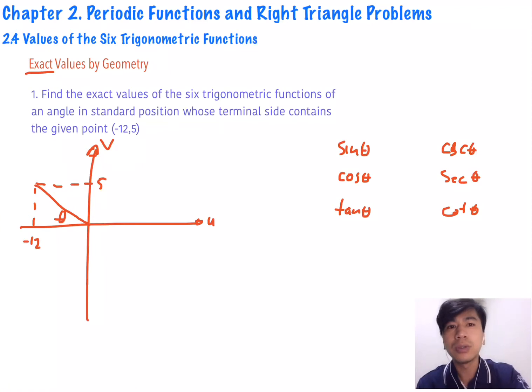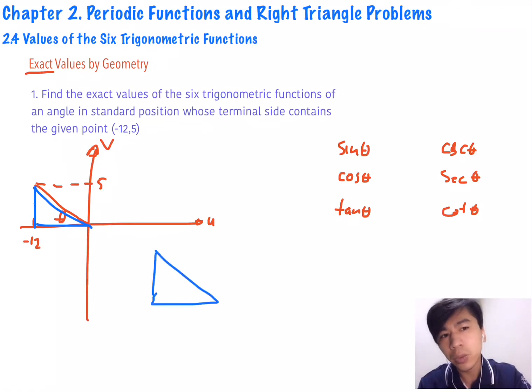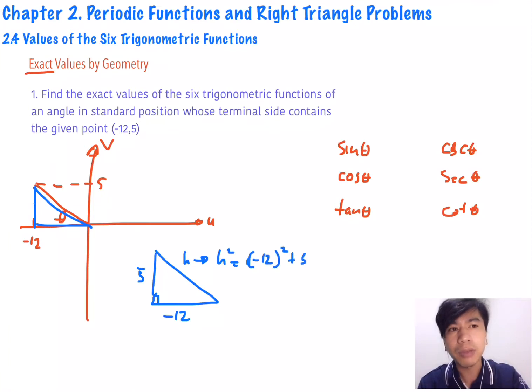Since we have drawn this, let's put the reference triangle outside so we can see it clearly. This side is negative 12, this is 5, but we don't know the hypotenuse. Can we find the hypotenuse? Yes, by having h squared equal to negative 12 squared plus 5 squared.